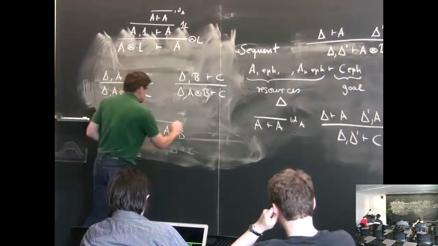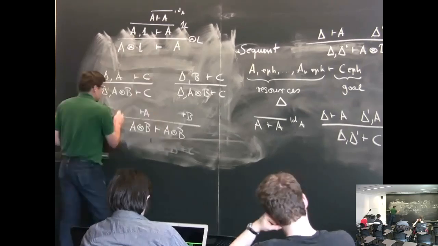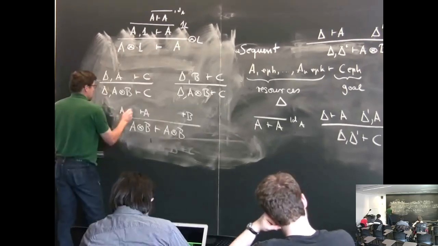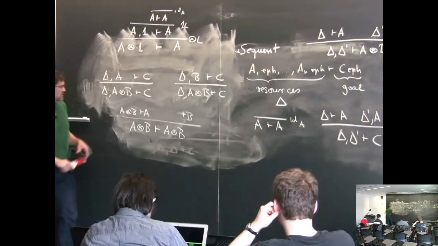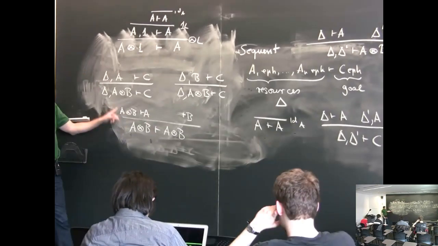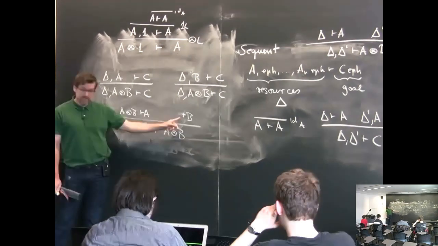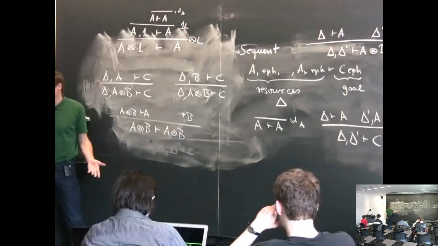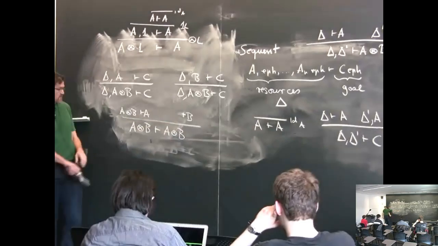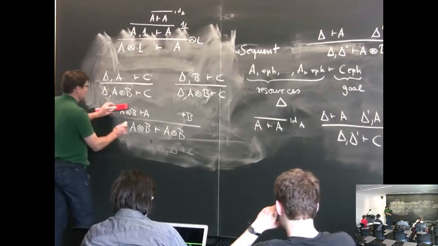So one possibility would be to put A, B over here, say. And then this part works out because we can extract A, and from A we can get A. So this side is okay. But obviously we're stuck on this side because we have no resources here, and from that we can't get B. Make sense? So the right rule doesn't work.